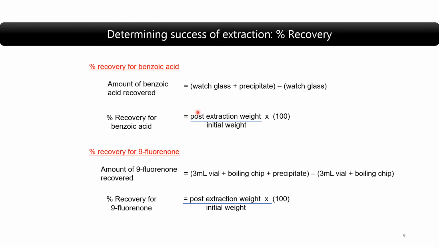You get that by dividing the post-extraction weight by the initial weight times 100 in order to get the percent recovery for each of these compounds. And if you have a good percent recovery, that means that you were very good at the technique of extraction and you had very little loss of product.